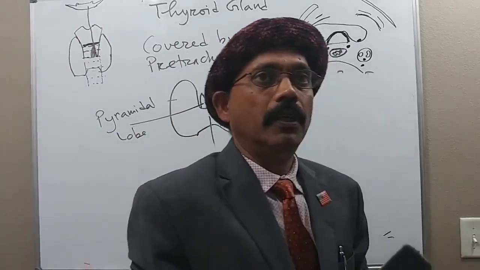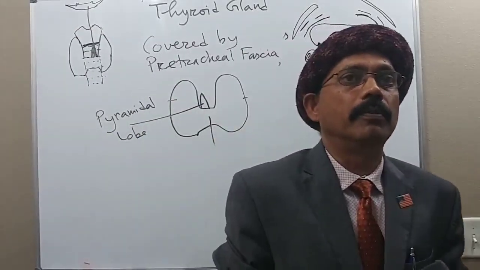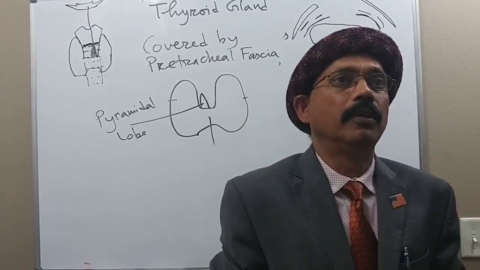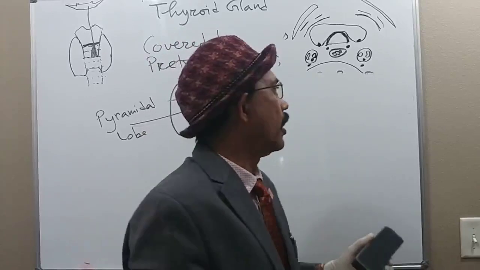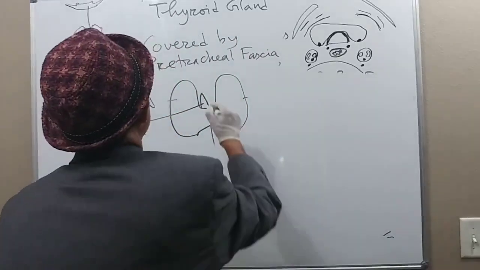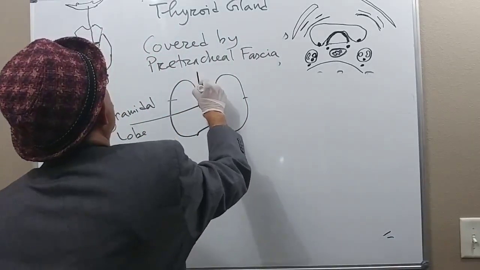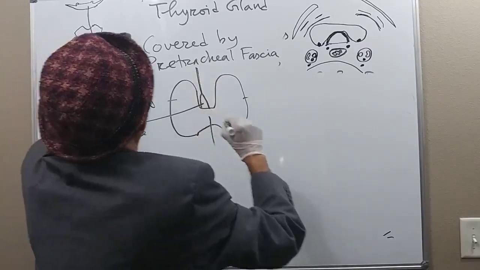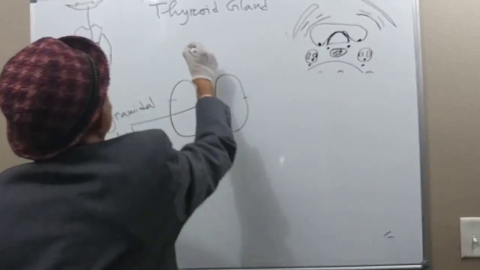We have some muscular tissue in that connection, which we call the levator glandulae thyroideae. So some muscular tissue connects the pyramidal lobe tip to the hyoid bone.